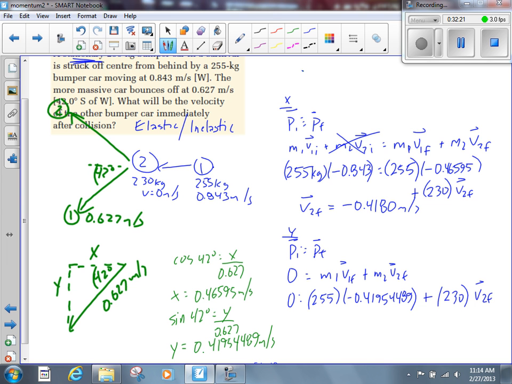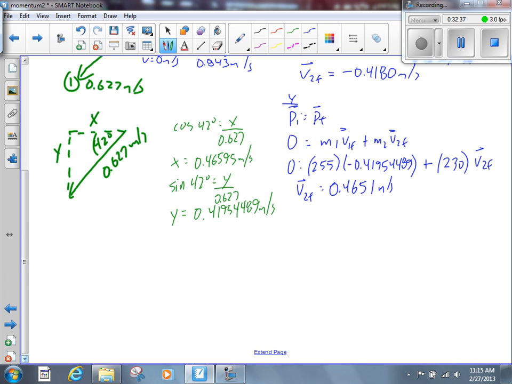We do the math on that one, and we get positive 0.4651. We're going to combine them. We've got 0.4180 to the left. We've got 0.4651 up.